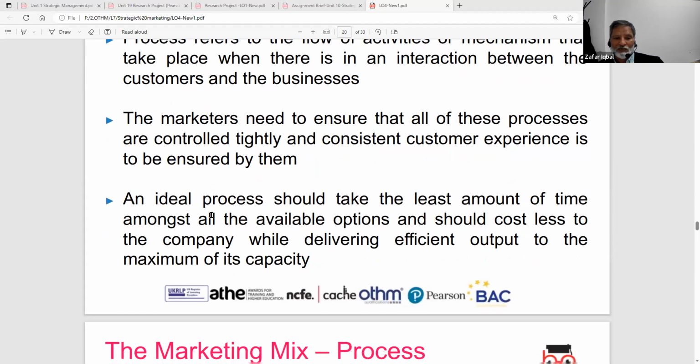An ideal marketing process should take the least amount of time amongst all the available options, and should cost less to the company while delivering efficiently and making sure that the output is to the maximum of its capacity. So the process is very important. Okay.